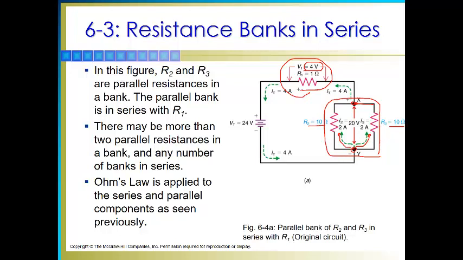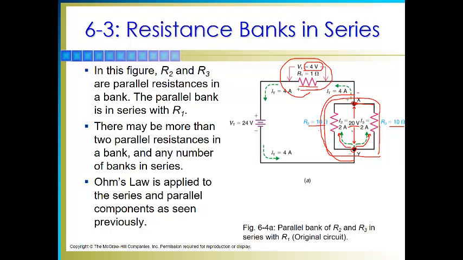So we have 4 volts across this one, and the total is 24 volts. That means there is a difference of 20 volts that have to be dropped in this bank, because 4 plus 20 equals 24.